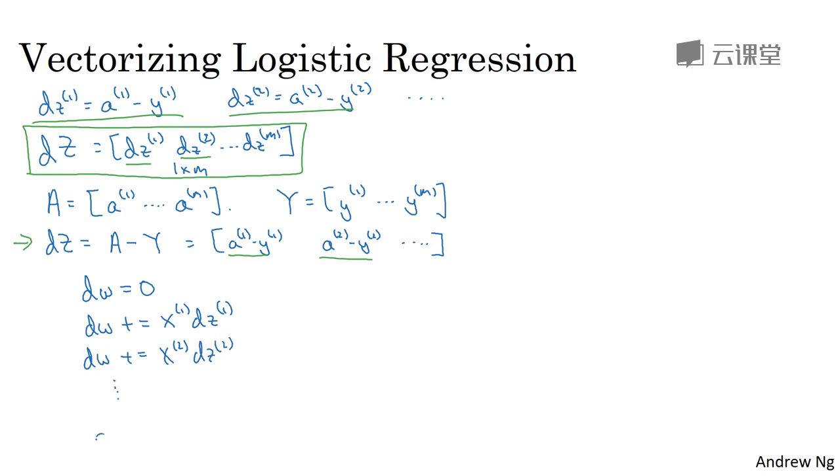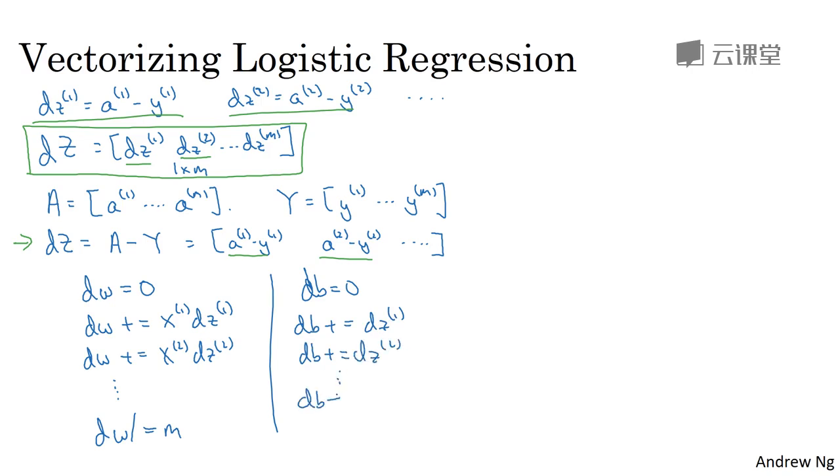So we do this m times, and then dw divide equals m. And similarly for b, right? db was initialized as 0, and then db plus equals dz1, db plus equals dz2, down to dzm, and then db divide equals m. So that's what we had in the previous implementation.